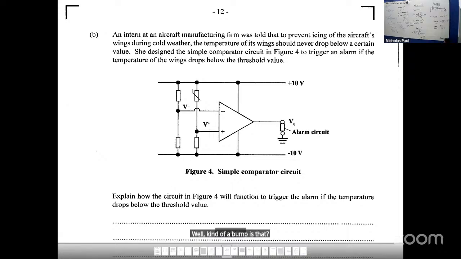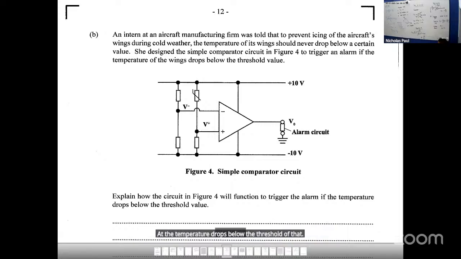A comparator again, right? Good. So you have to explain how that works. We did a lot of calculations like that earlier. The question is, explain how the circuit in figure 4 will function to trigger the alarm if the temperature drops below the threshold value.